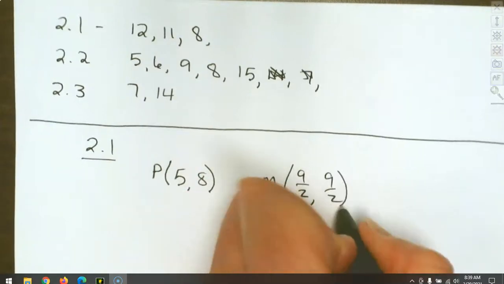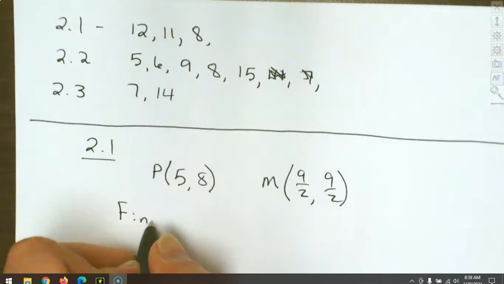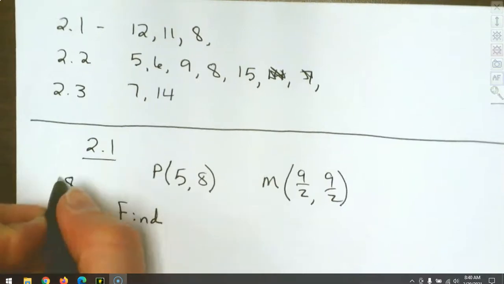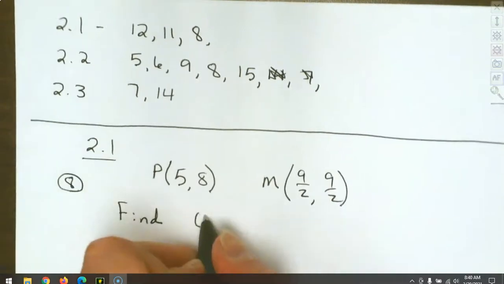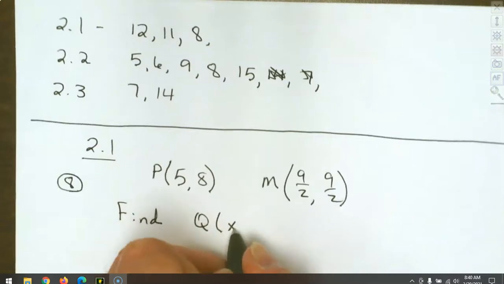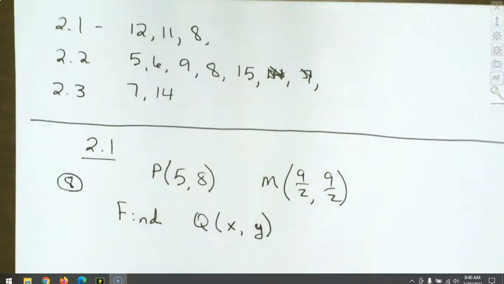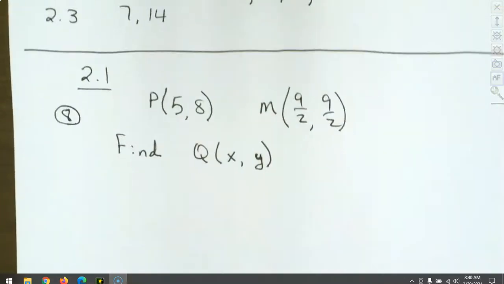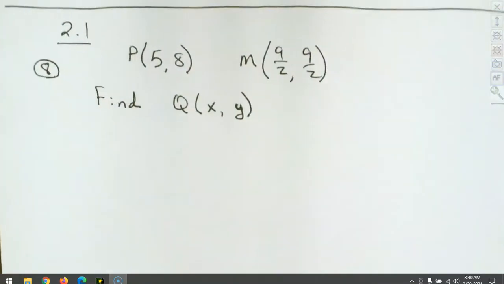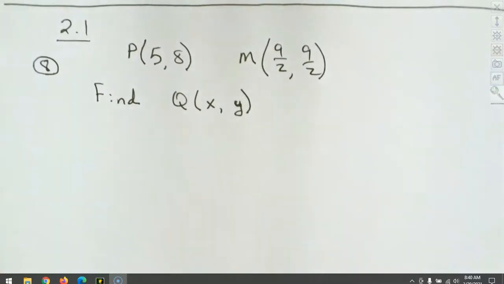And then I want you to find the point Q. And Q, we're going to call that X and Y. So what we want to find is, I gave you a midpoint and an endpoint, and I want you to find the other endpoint here.